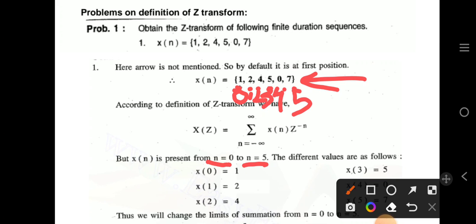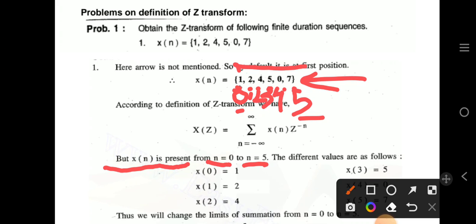It means the sequence starts from n equals 0 and ends at n equals 5. Therefore, we have written here that x of n is present from n equals 0 to n equals 5. So, while writing the range of n, you just have to count how many values are given, and then you can write the values of n.